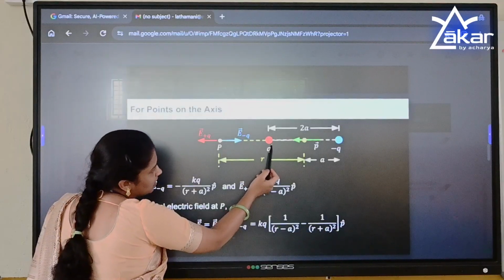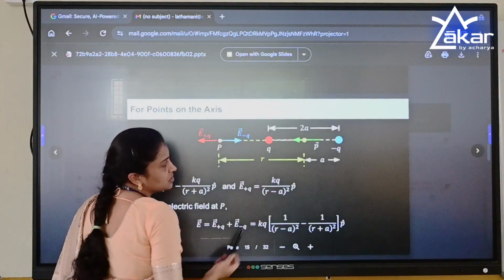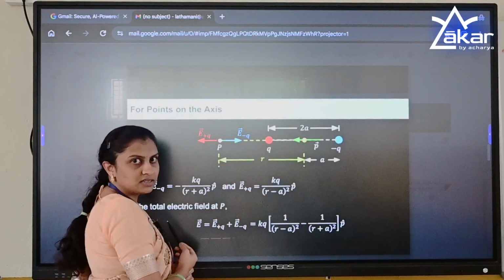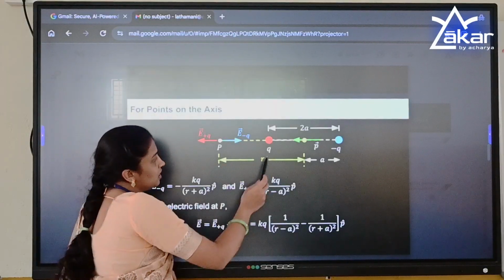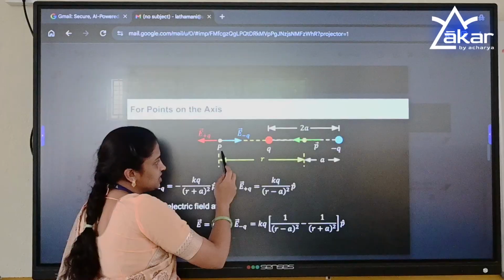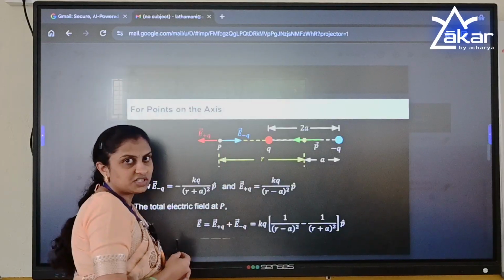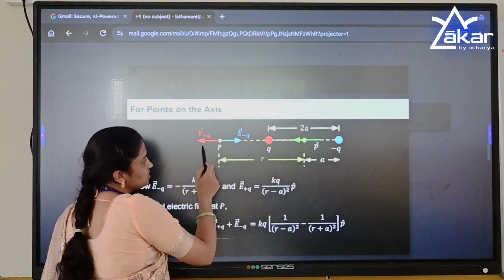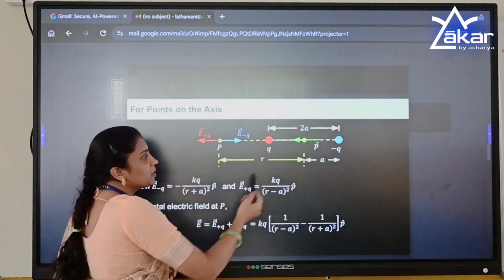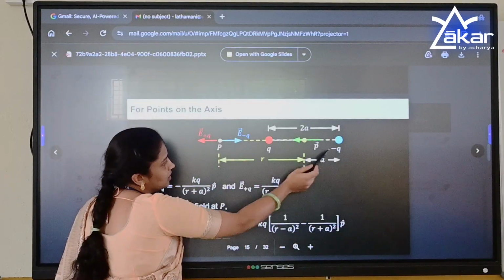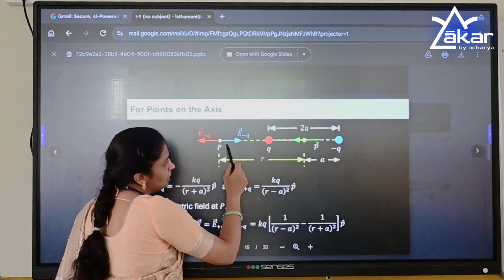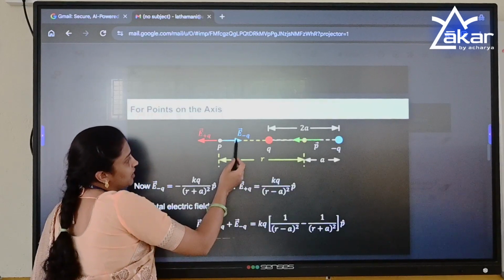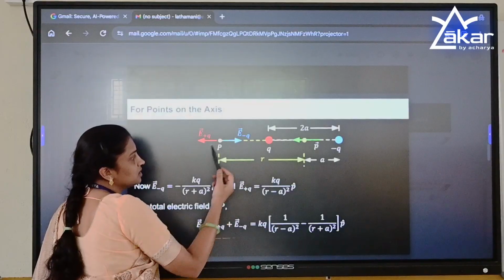Once again, here positive charge, negative charge. For the positive charge, you can take any test charge; positive charge and positive test charge, both repel. So this shows the direction of the repulsion force, E plus Q. For minus Q, the test charge is positive, and positive with negative means attraction, so the electric field is towards the charge.